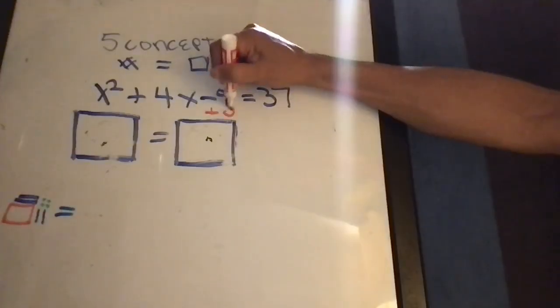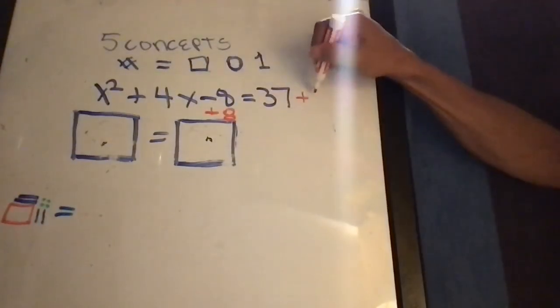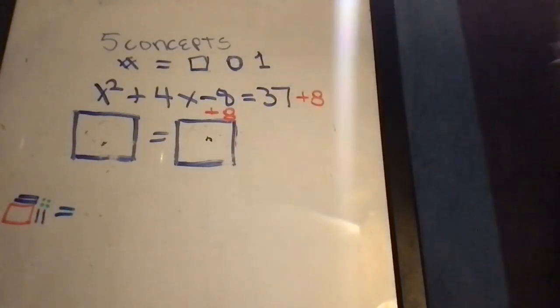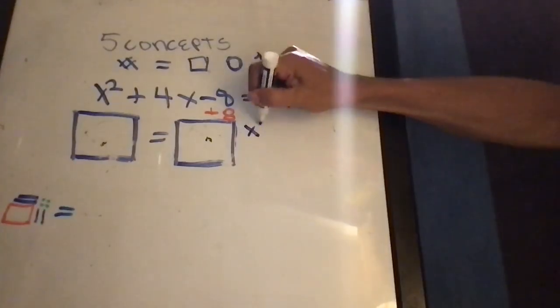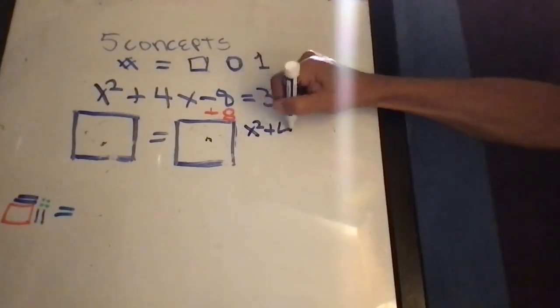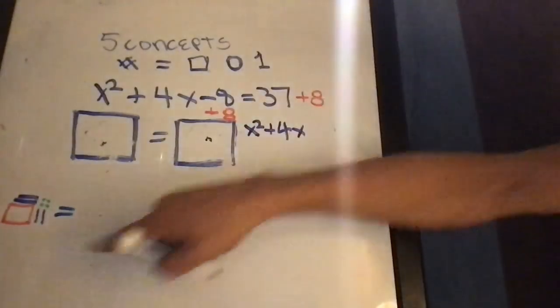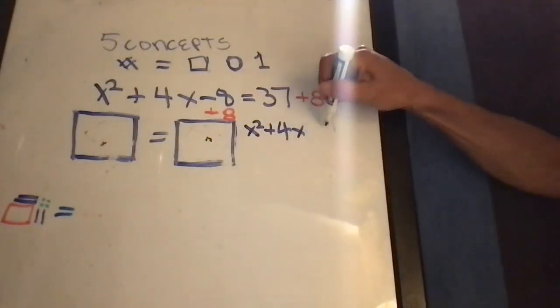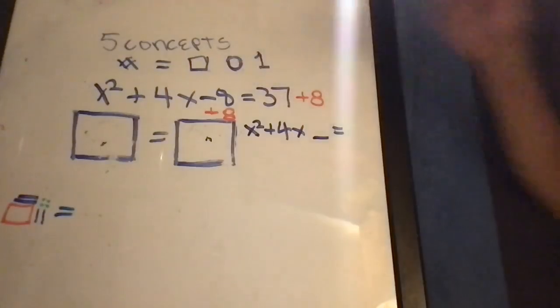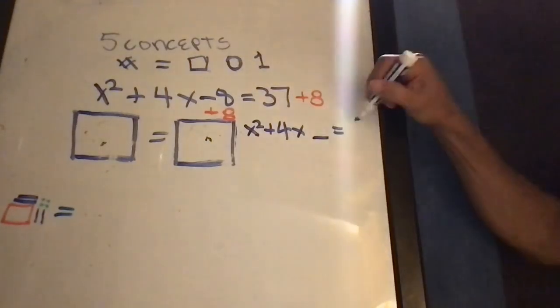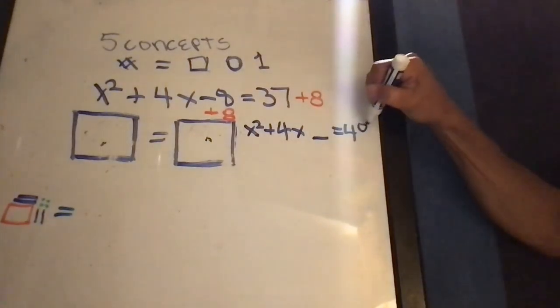Plus 8, 0, 0, plus 8. All right, let's not do it over there. Let's write it again. What I have here now is x squared plus 4x, and now I'm at the point where I have nothing over here. And that's going to be the same thing as 37 plus 8. I think that's 45. Oh, what square number is that going to be?